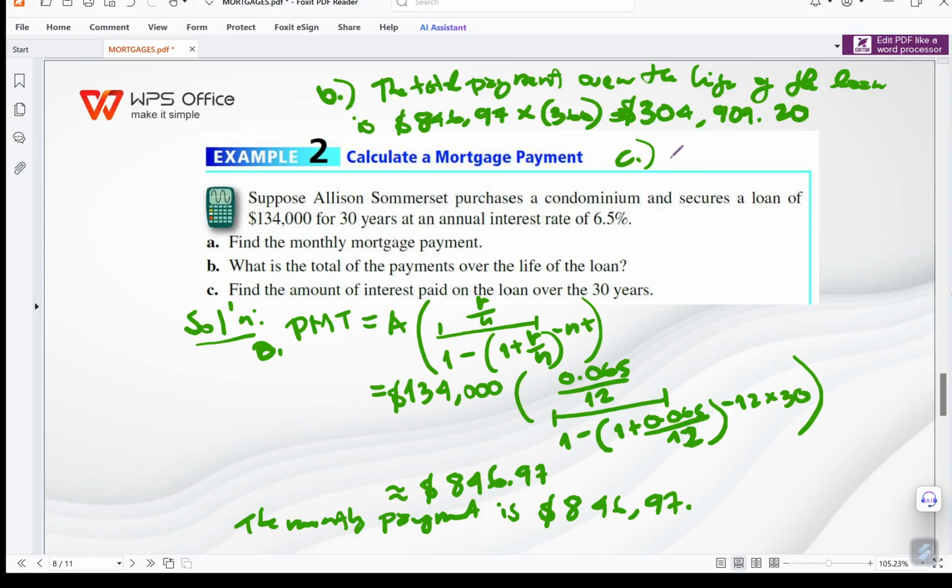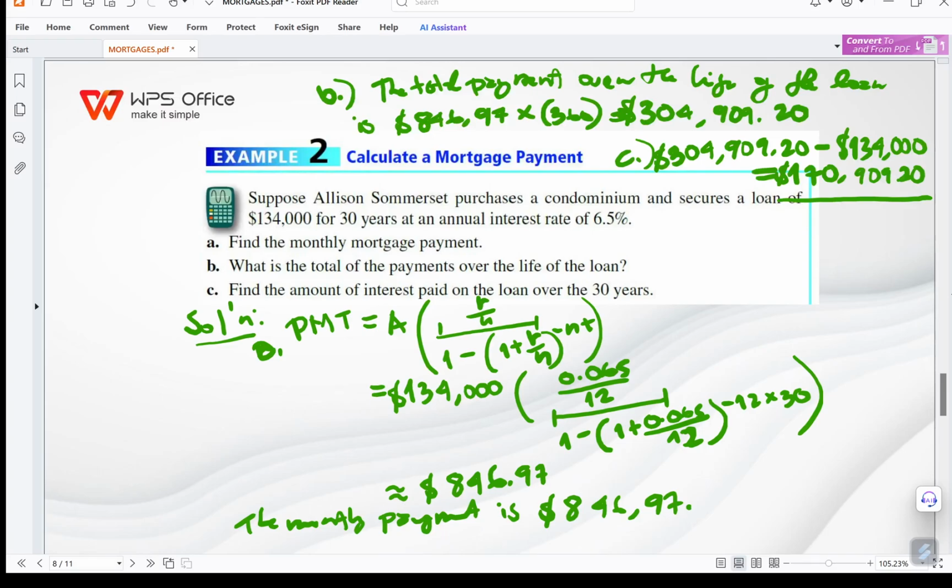So letter C is equal to $304,999.20, subtract the original price of $134,000, and that is equal to $170,909.20. So the interest is $170,909.20. That is the interest for 30 years.